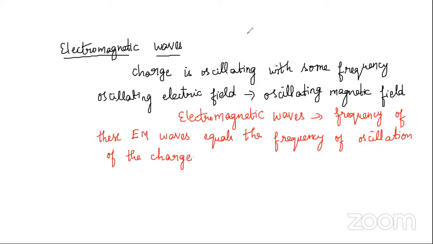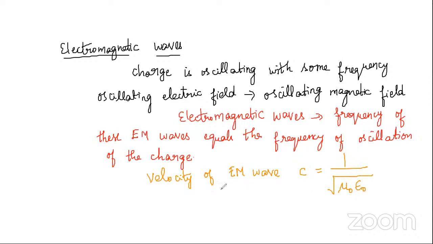Now I am giving you the formula for the velocity of electromagnetic waves. How can you calculate the velocity of an EM wave? That velocity is given by c equal to 1 by square root of mu naught into epsilon naught.